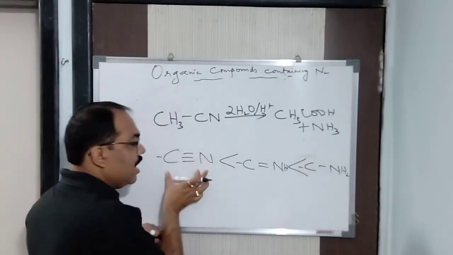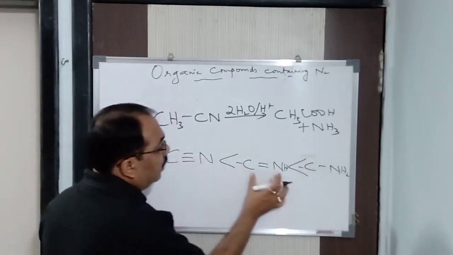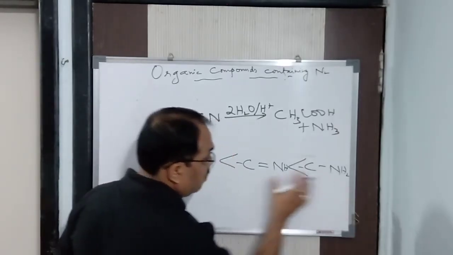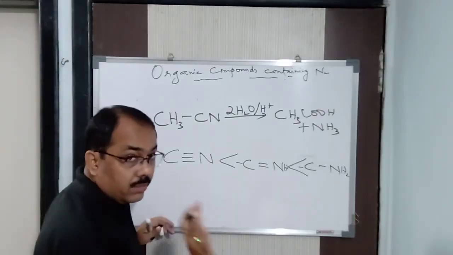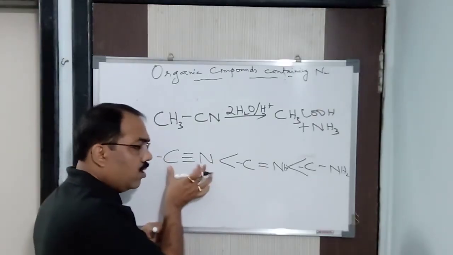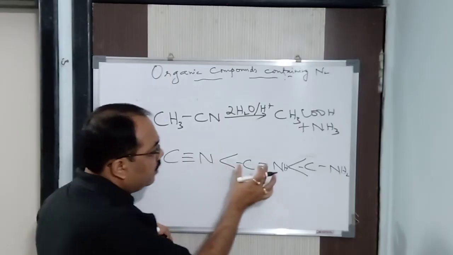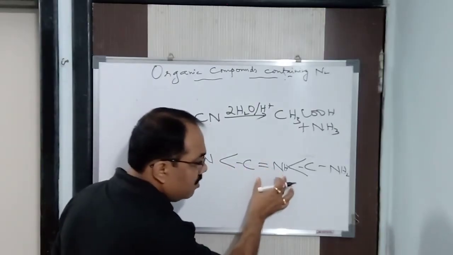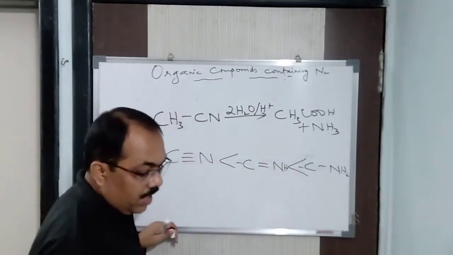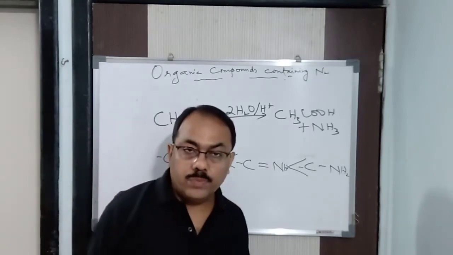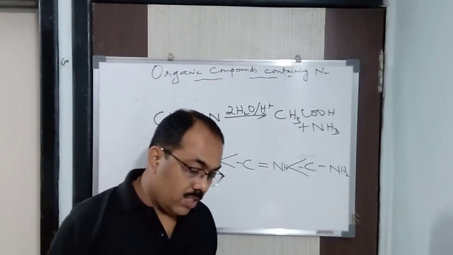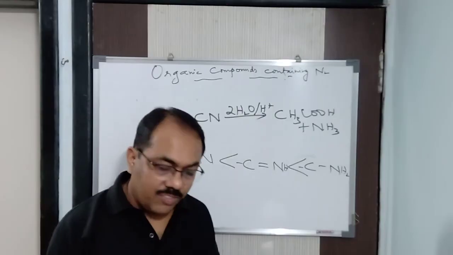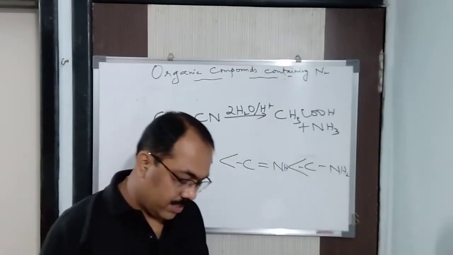Nitriles have the least bond length compared to imines, then amines. I am talking about the bond length, mind it. The triple bond has the least bond length compared to imines, C double bond NH, and compared to amines, C single bond NH2. So in this way, the bond length differs in this particular manner.